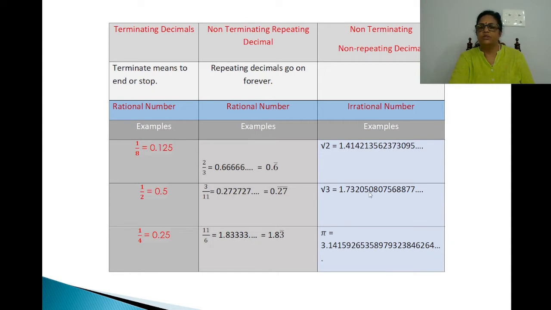Same way root 3 is also non-terminating, non-repeating. Pi is also non-terminating, non-repeating. So non-terminating, non-repeating decimals are irrational numbers. Terminating and non-terminating repeating decimals are rational numbers.